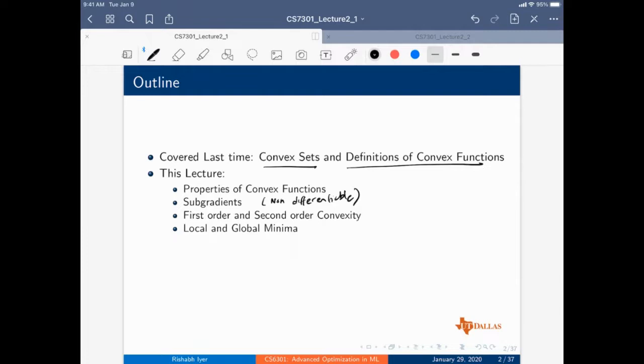I think this is still setting the stage for the first few lectures where we'll cover convexity. Once we understand these concepts, we'll be in a position to understand some of the proofs involved in convex optimization. Again, I'm emphasizing that this course is more geared towards machine learning.